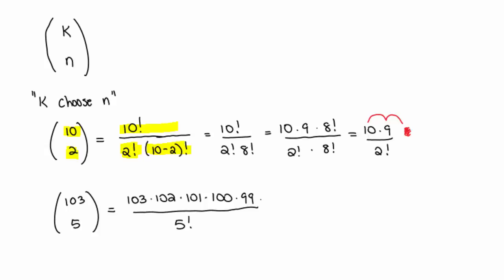So these expressions, this and 103 factorial over 5 factorial times 103 minus 5 factorial, are the same expressions.